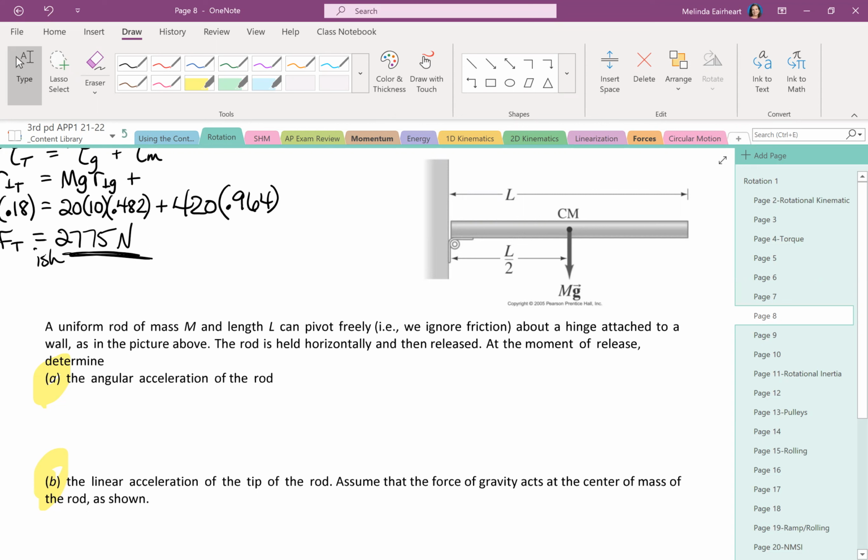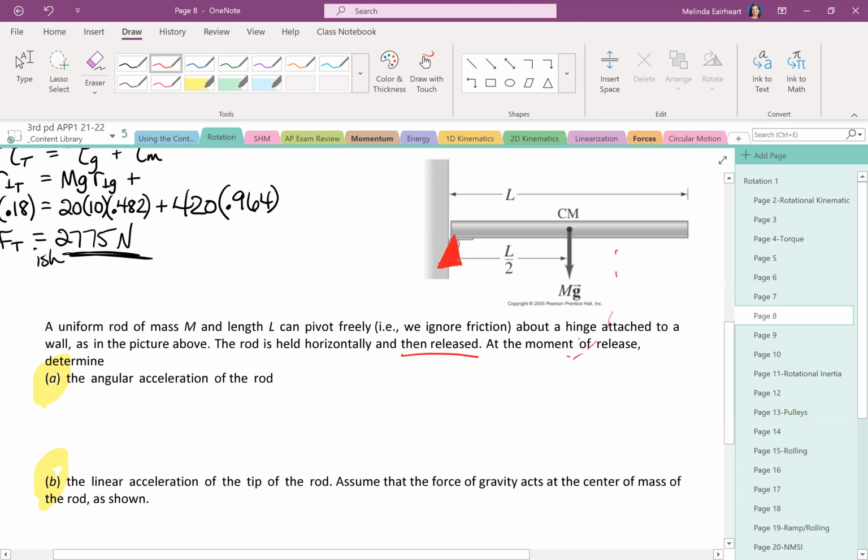A hinge attached to the wall is pictured. So I'm going to draw my triangle there. Again, I like triangles for my fulcrum hinge. The rod is initially held at rest and then released. Do you think the rod's just going to stay there in the horizontal alignment? No, the rod's going to rotate down, right?